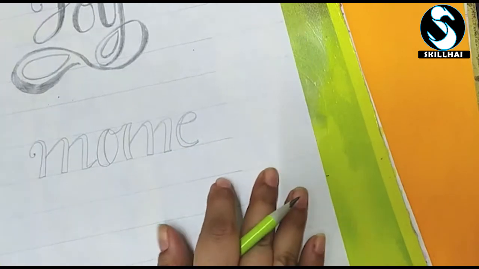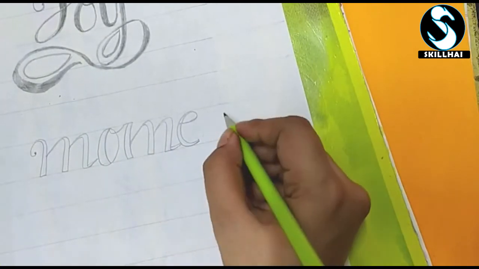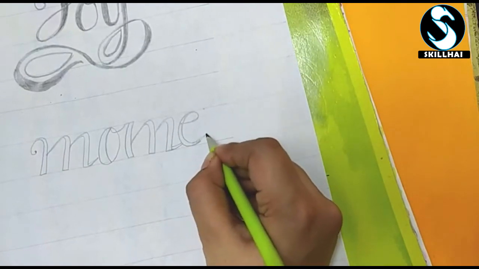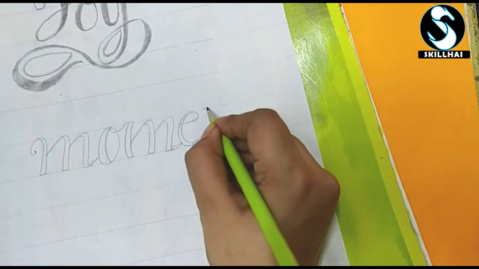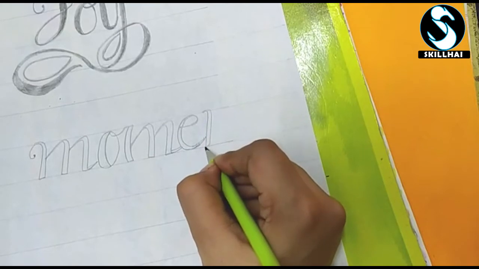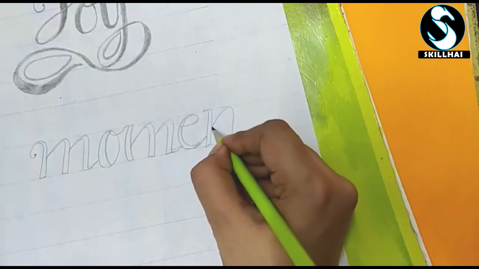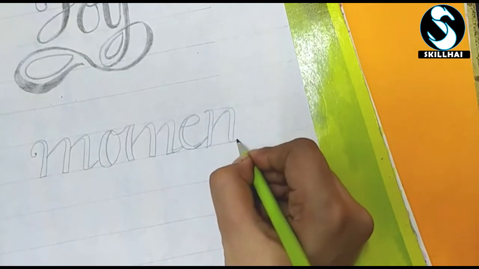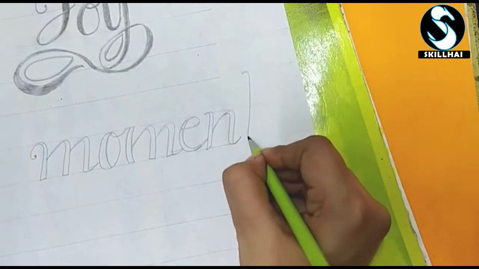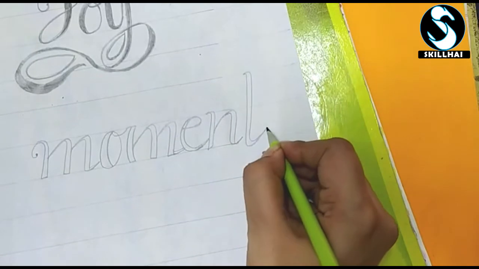Then the letter N, we'll just connect it, upward light, downward dark. Moment. And the last letter is T.